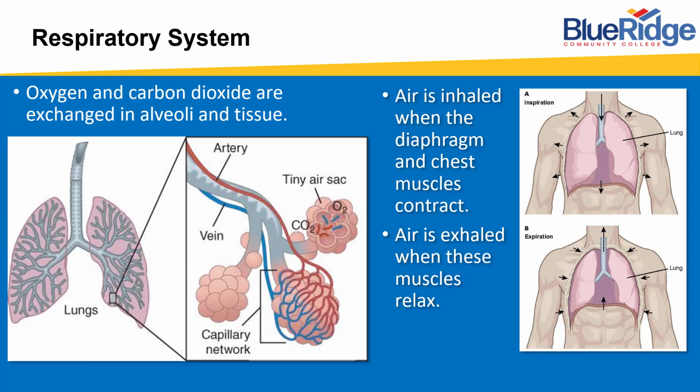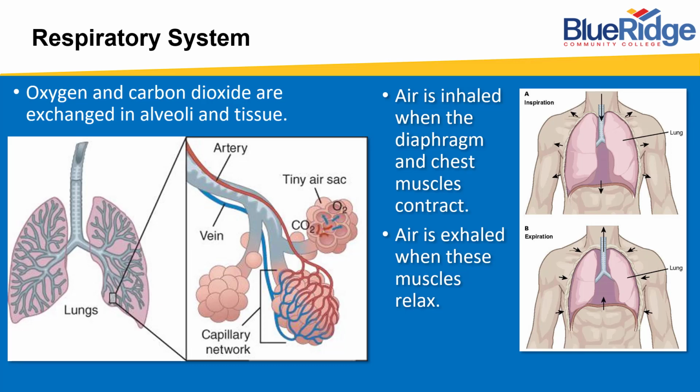Oxygen is inhaled, passes through the thin walls that separate the air sacs from the blood vessels, and is absorbed by the blood. You can see here a representation of that process in the diagram in the middle of your screen. Carbon dioxide passes through the blood and across the thin walls into the air sacs and is exhaled.